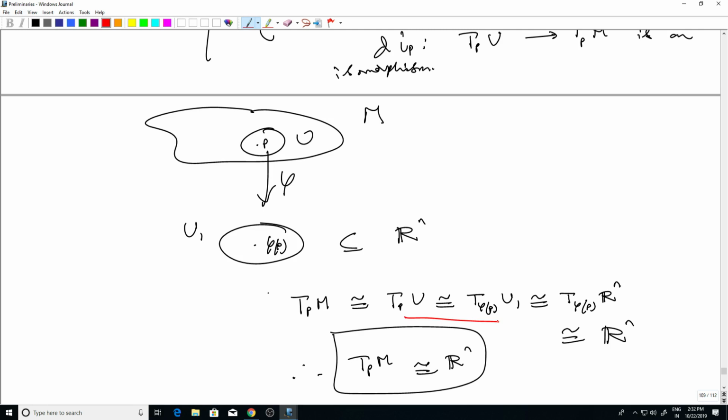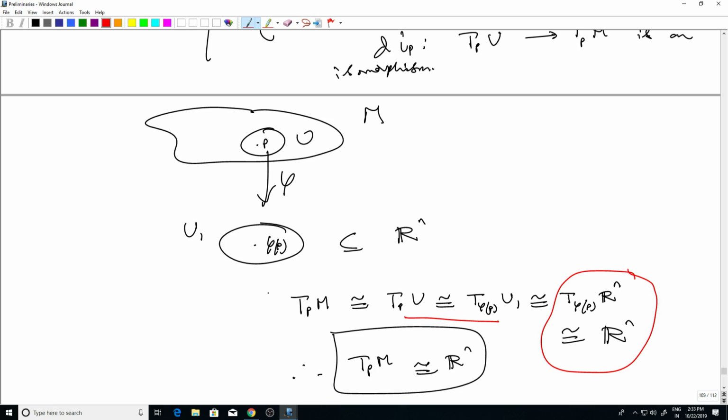And then again U1 is an open subset of R^n, therefore its tangent space, the tangent space to U1 at phi of P, is the same as this. Finally one had this. This was what I had started with a couple of lectures ago, and in fact the last isomorphism is the one with non-trivial content.